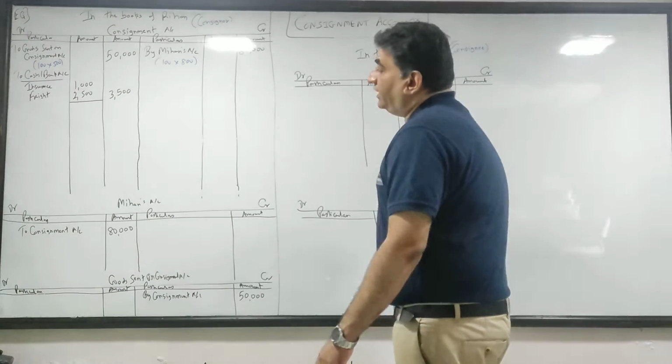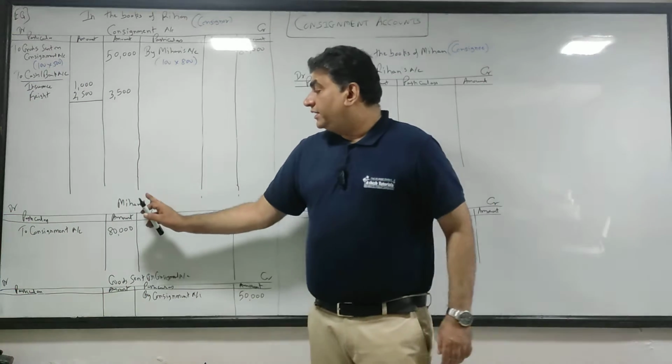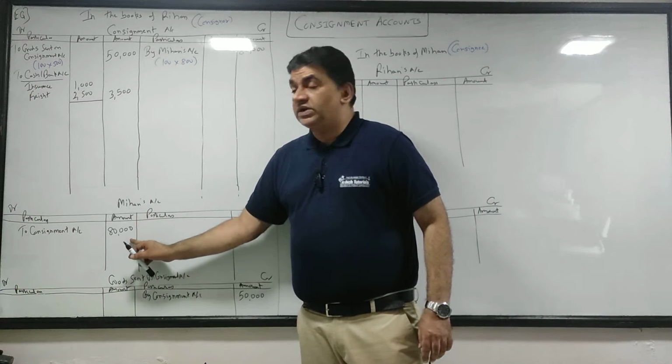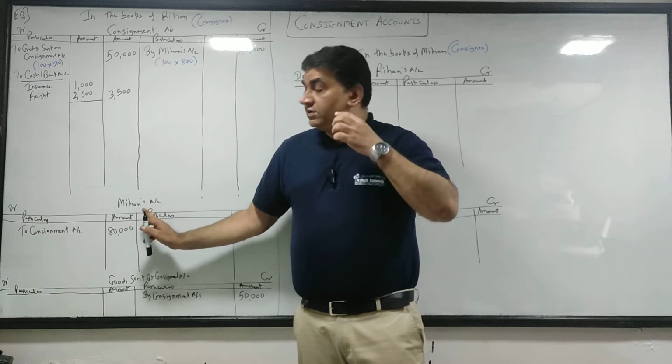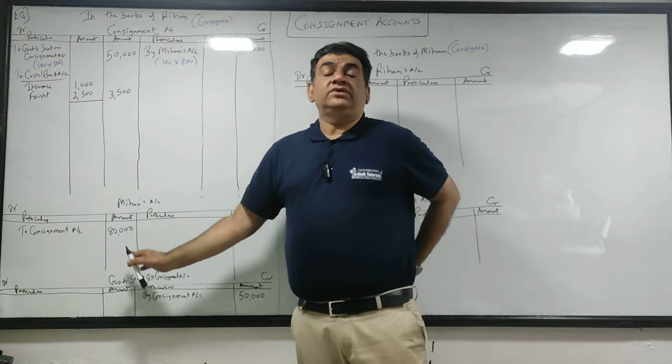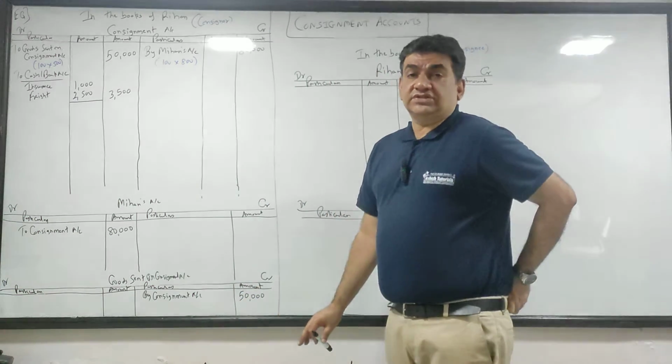Had I passed the journal entry, simple, your entry would have been Mihan's account debit 80,000 to consignment account 80,000. Now listen.